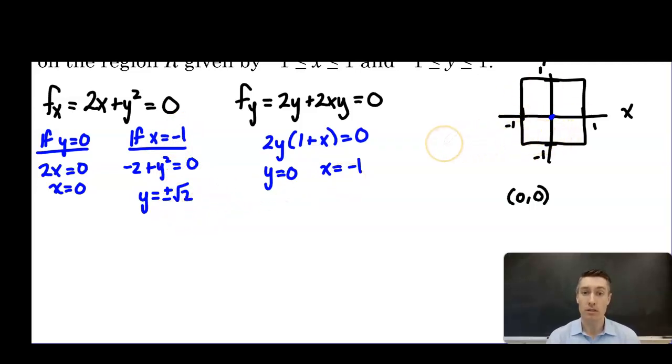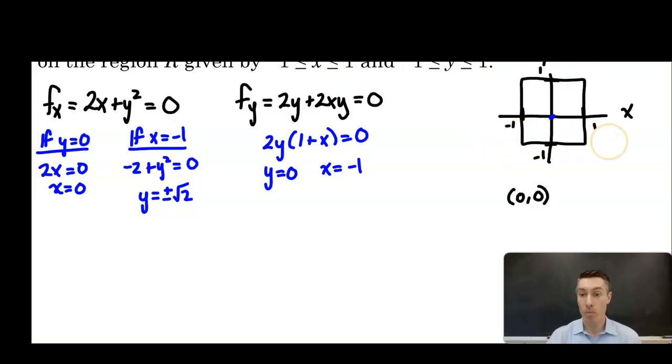Since square root of 2 is about 1.4, one point would be above, up here, too high, and one point would be down here below the region. So we're not going to include those 2 points, right? So this is what we were speaking about earlier, where the critical points have to be inside the region. These 2 critical points are not going to be added to our list.